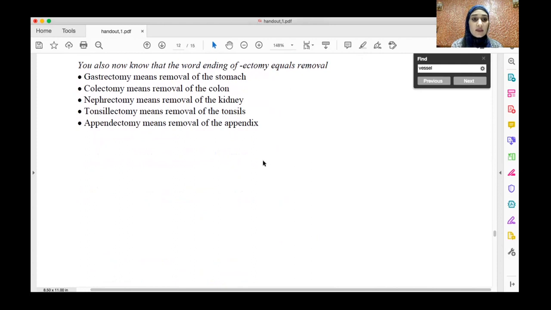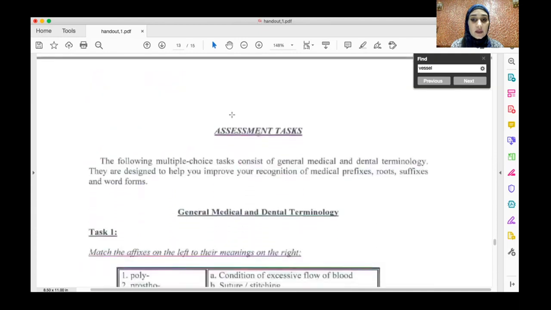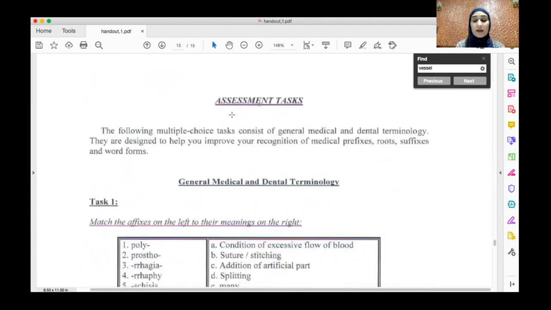All right, and these are other examples. Before taking some questions, I'll have some questions with you and we will answer them together in order to make sure that you memorize and understand the prefix, root, and suffix that we have taken.